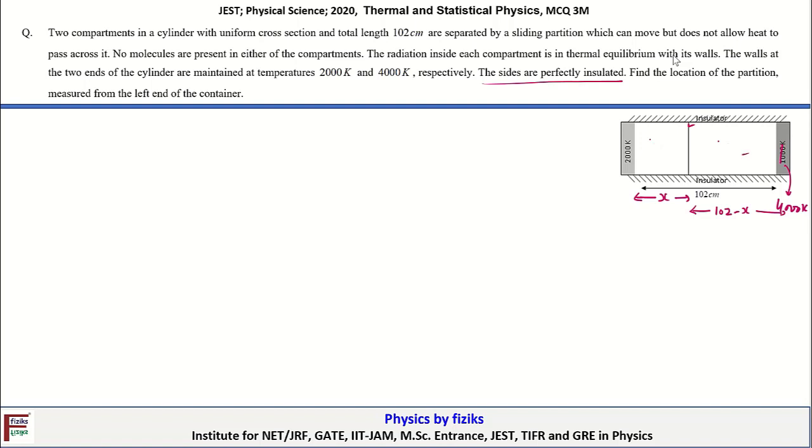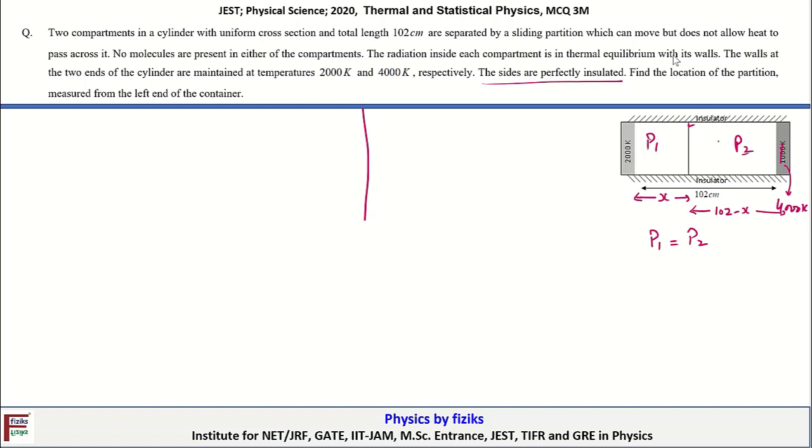Let the pressure exerted by the radiation be P2 and P1. Because of this pressure imbalance, the partition will keep on moving until P1 is equal to P2.